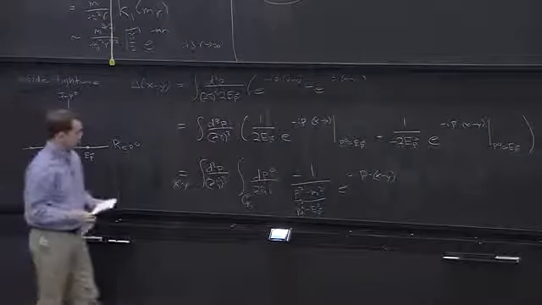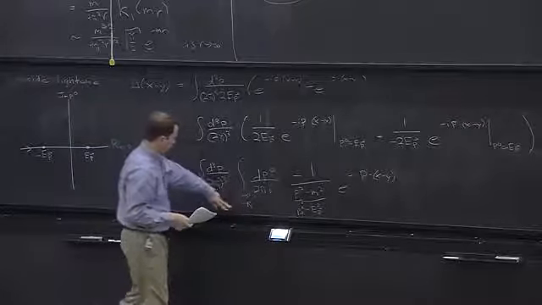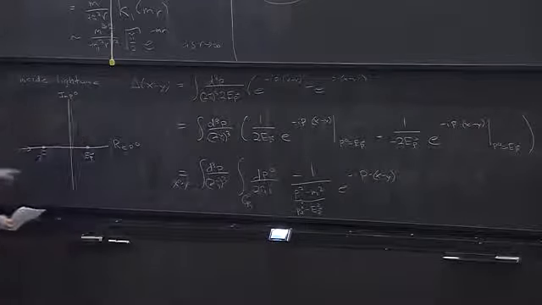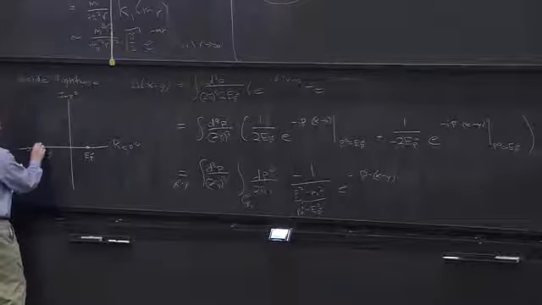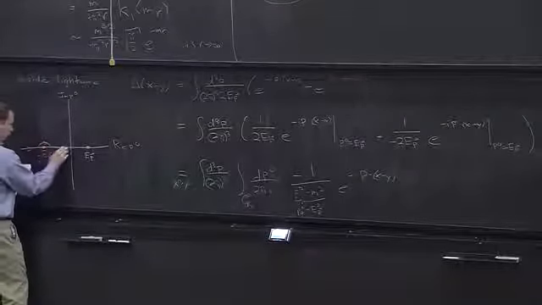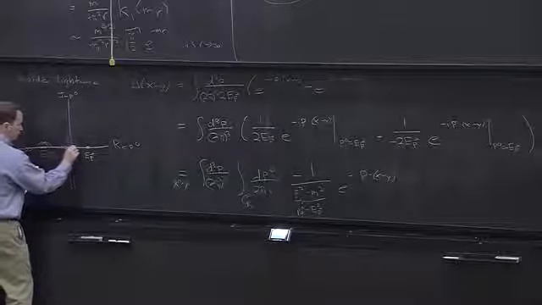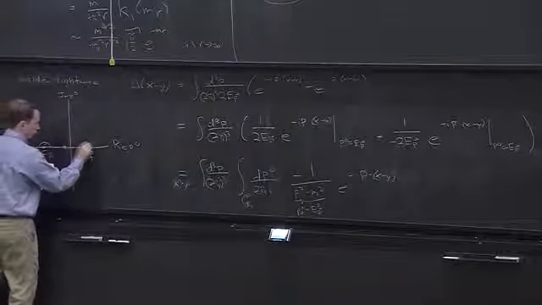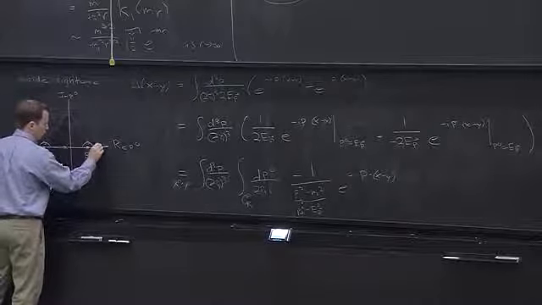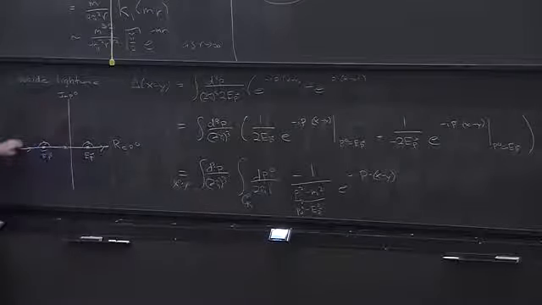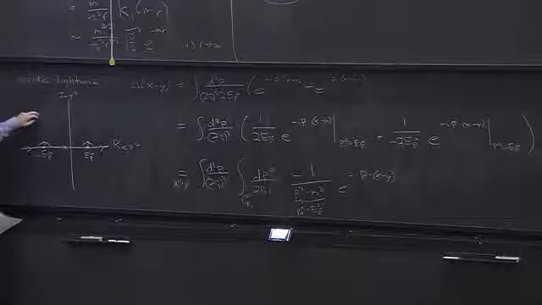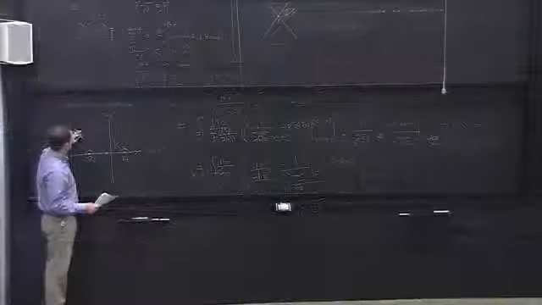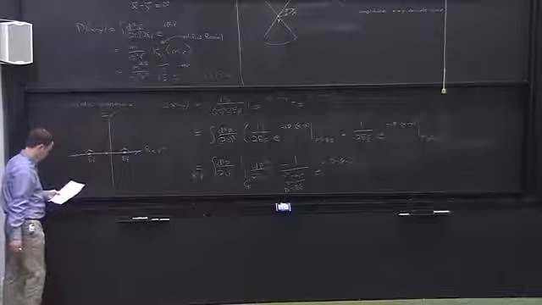So for this integral to make sense, we need to avoid these poles. So we're going to integrate along the real line, except for infinitesimal excursions into the positive imaginary, the upper half plane.